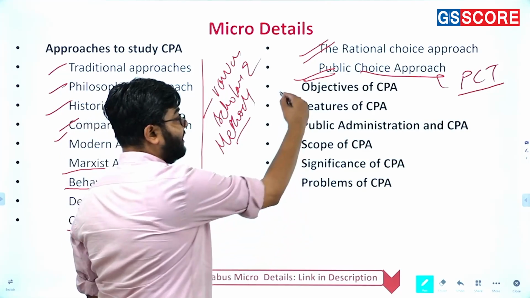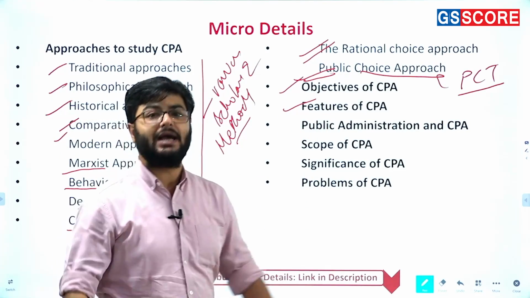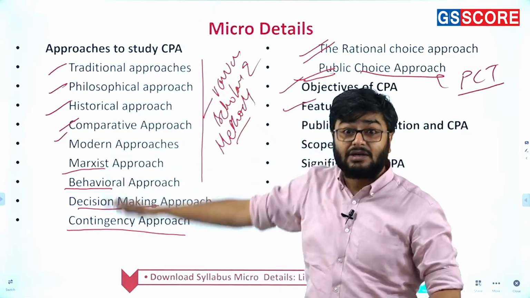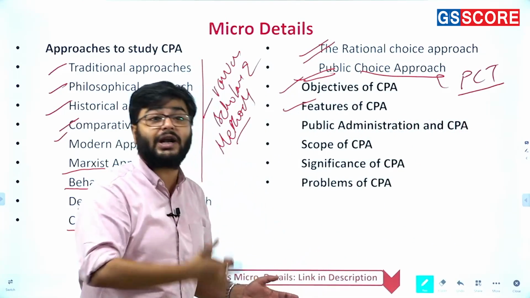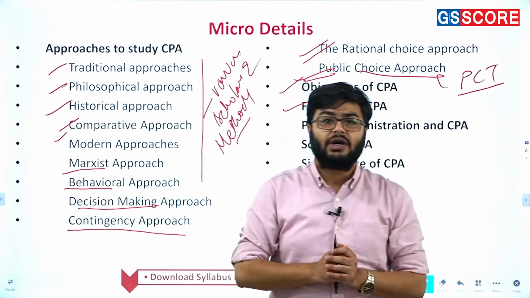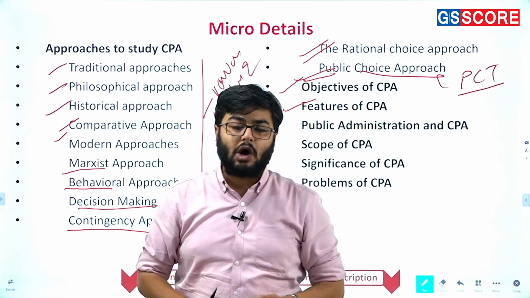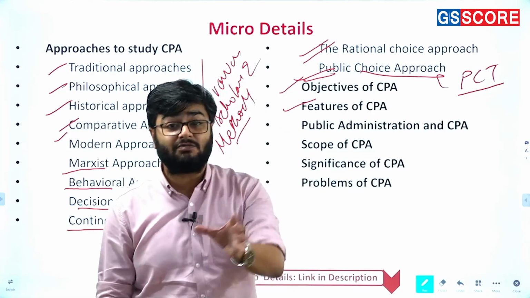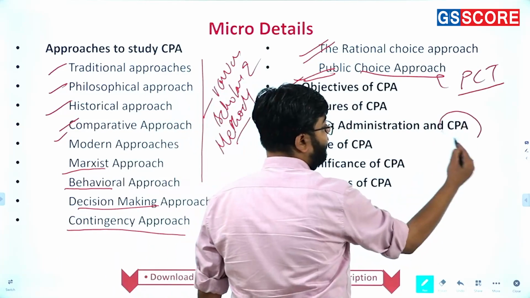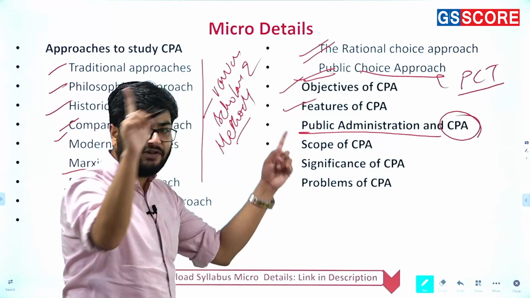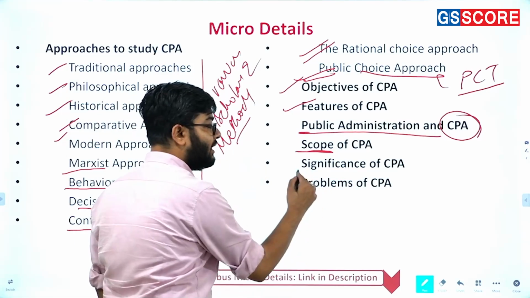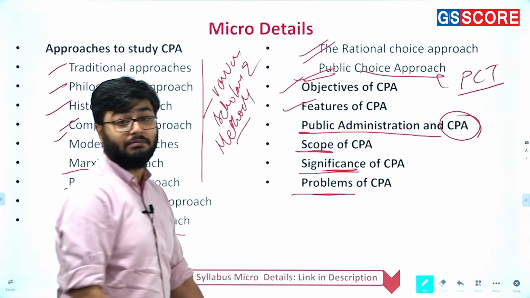Then the objectives and features of CPA as they have come to be crystallized after so much analysis, progression and churning to demarcate the contours of CPA as a paradigm, as a movement. Then how CPA relates to the larger edifice of public administration. What is its scope, significance, problems?